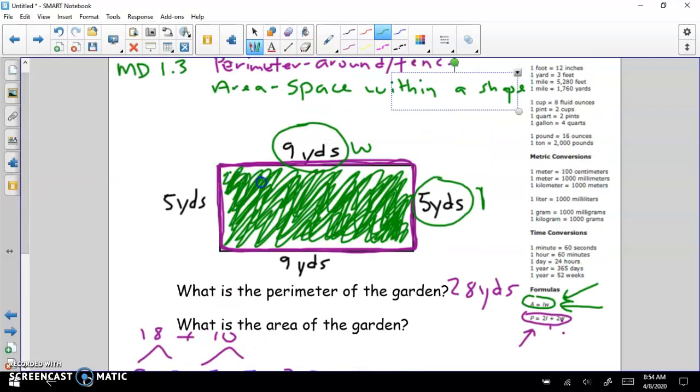Remember, area is the space inside of our shape, and perimeter is the lengths that are fencing the shape around.